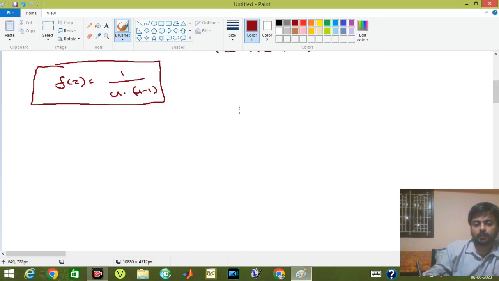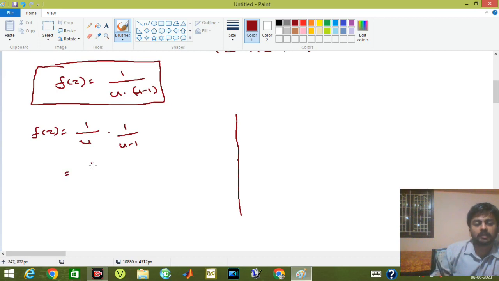In the first case, I am going to consider this f of z as 1 divided by u into 1 divided by u minus 1. That is 1 by u into, we have taken modulus of u by 1 less than 1, so I have to make this 1 outside.